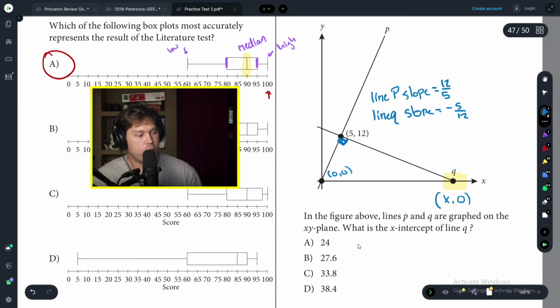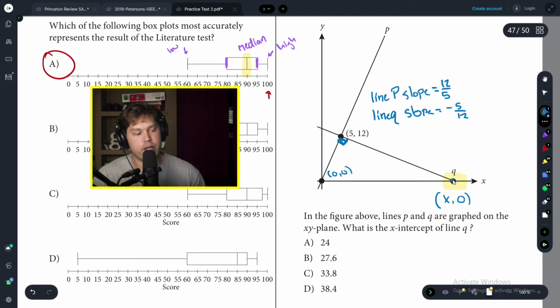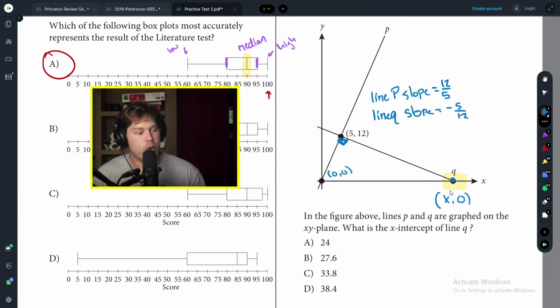So going back to the question, we're asked what is the x-intercept of line Q. So we want to know this point, or the x-coordinate of that point. So in order to solve for that, we need to know the function of line Q so that we can then plug in 0 for y and solve for our x value.